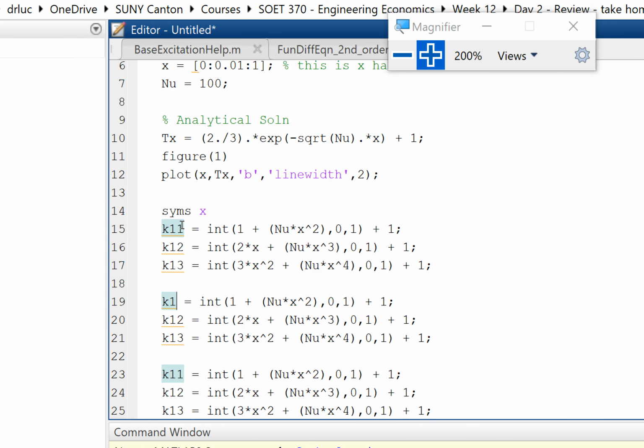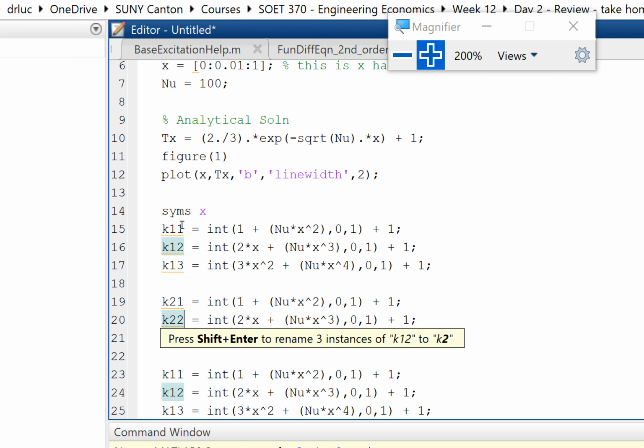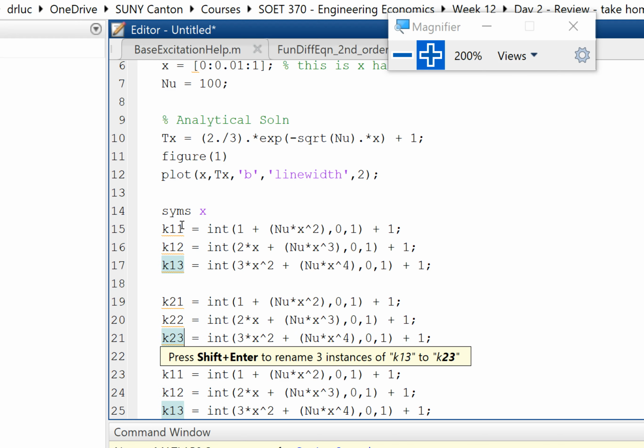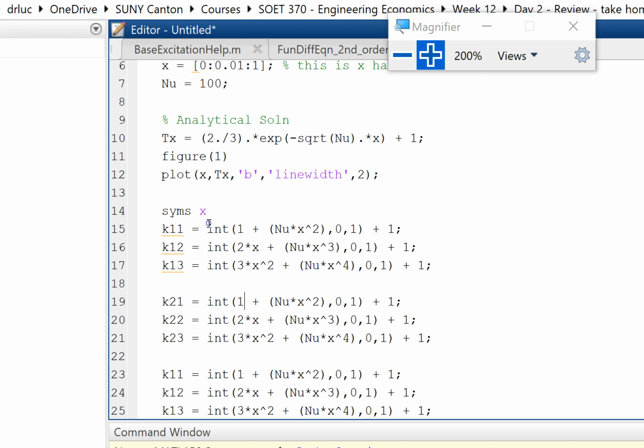Cool. So this is 2, 1, 2, 2, 3. This is 2 times x raised to the third. This is 4. This is 5. This is 4 and 6.